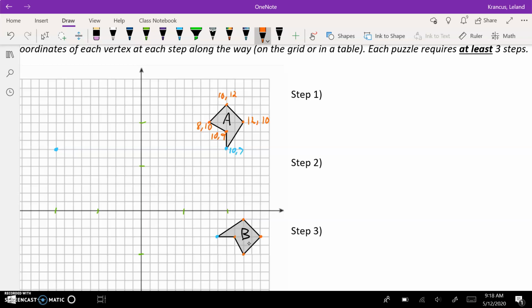Let's see, point 10, 9 would be negative 10, 9. So it would be there. 8, 10 would be negative 8, 10. 10, 12 would be negative 10, 12. And 12, 10 would be negative 12, 10.